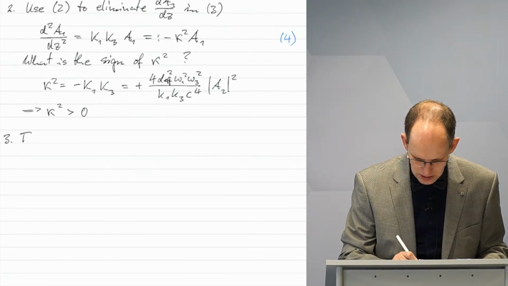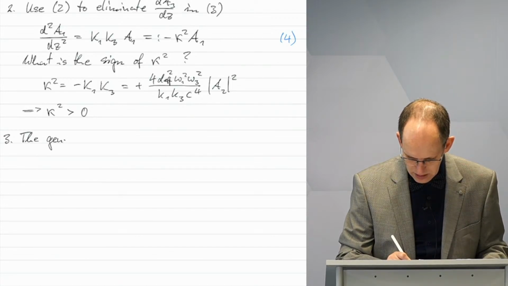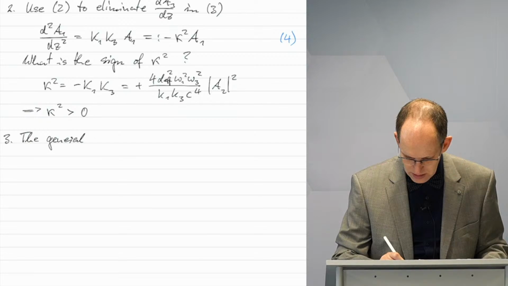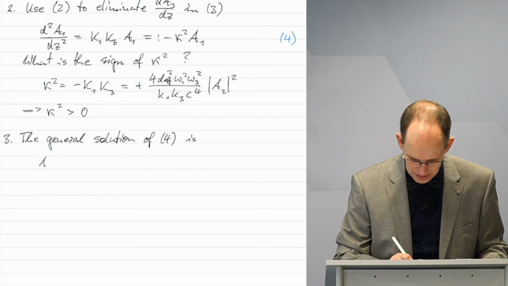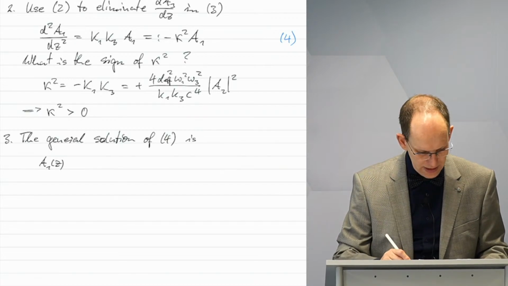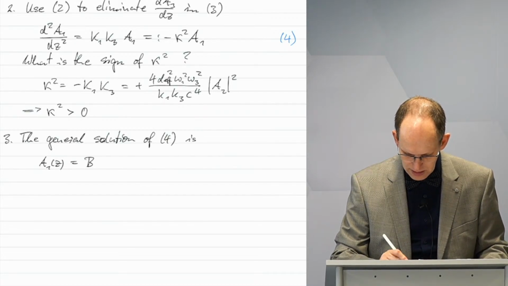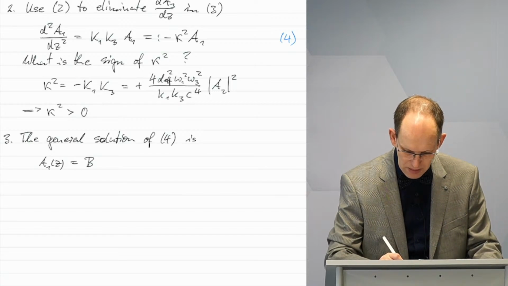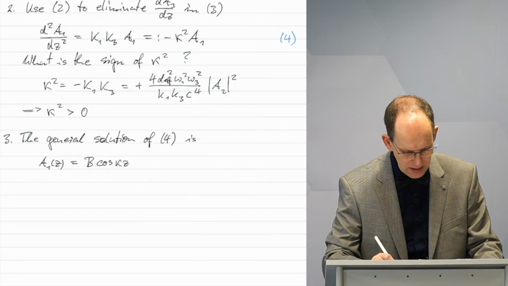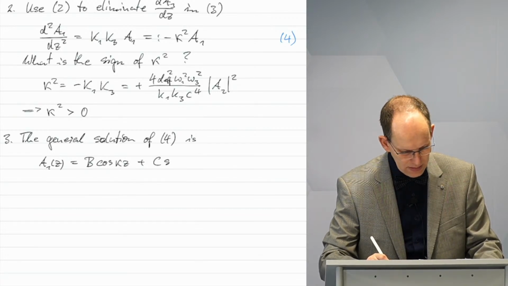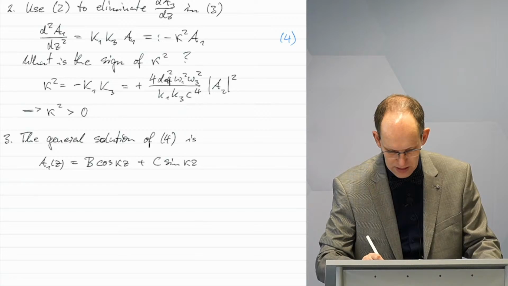So the general solution of equation 4 is A2 of z is equal to some integration constant b times the cosine of kappa times z plus c times the sinus of kappa times z.